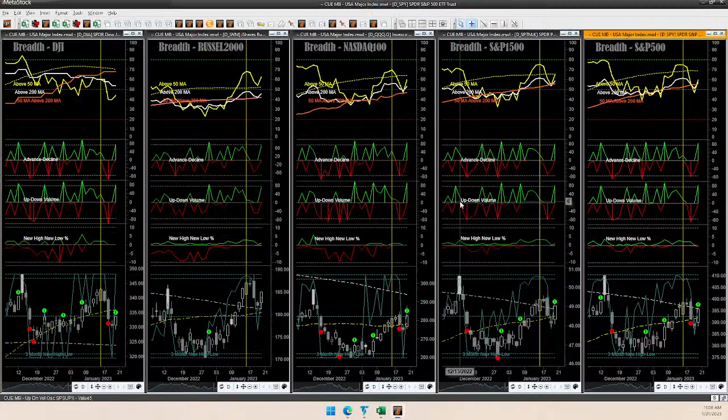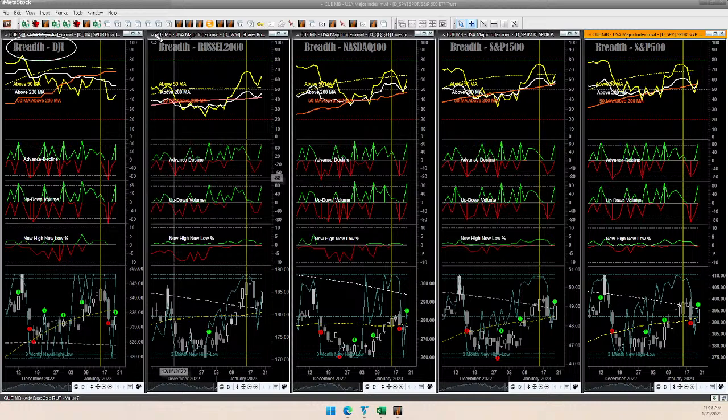But if you used Q systems and you drill down from the market breadth total view to individual exchanges, NYSE, NASDAQ, and then drill down even further to the major indices, Dow Jones Industrials, Russell 2000, NASDAQ 100, S&P 1500, S&P 500.